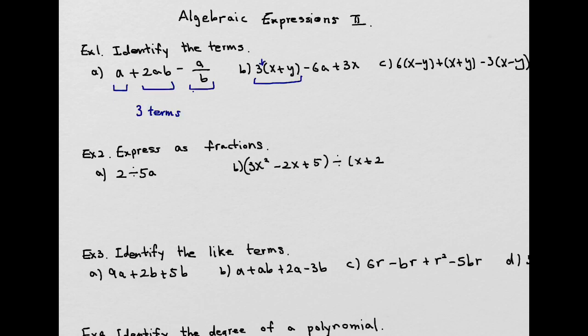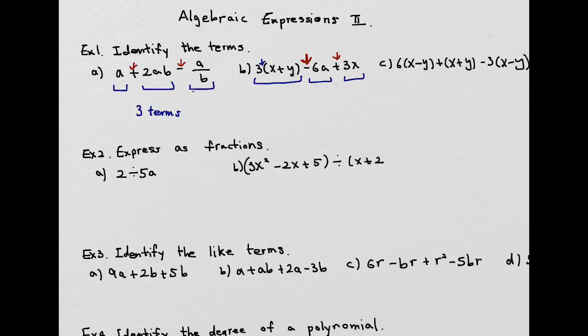And that is separated by this subtraction. So this one is addition and this is subtraction. That's how you have 3 terms. Here you have 1 subtraction, 1 addition. So you're going to have another 3 terms on that problem.